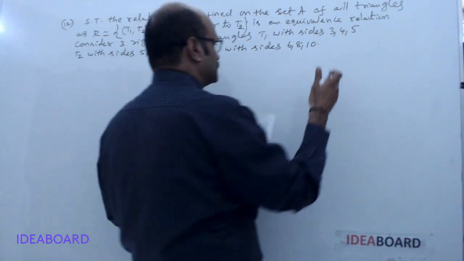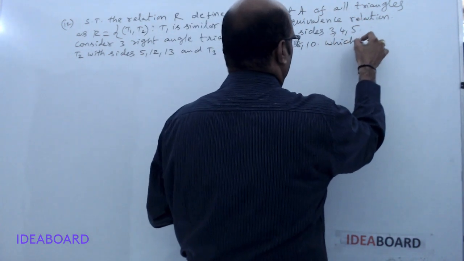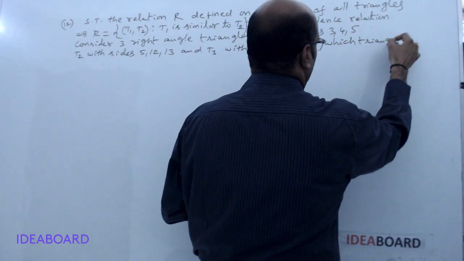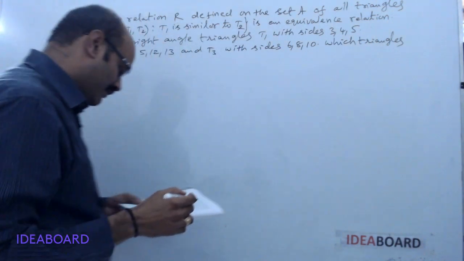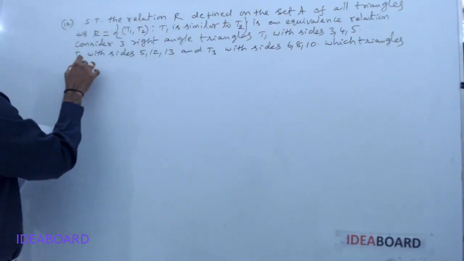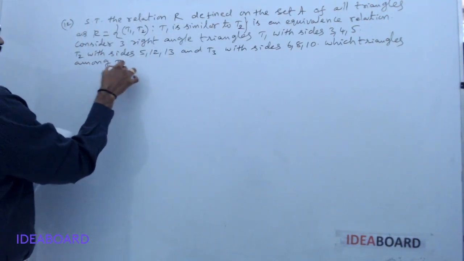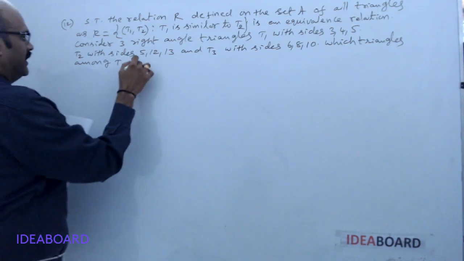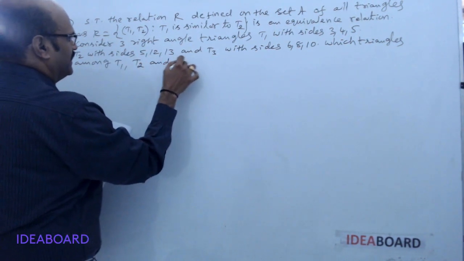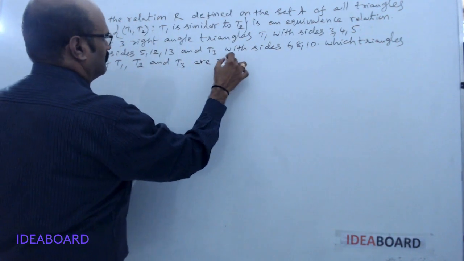Which triangles among T1, T2 and T3 are related?